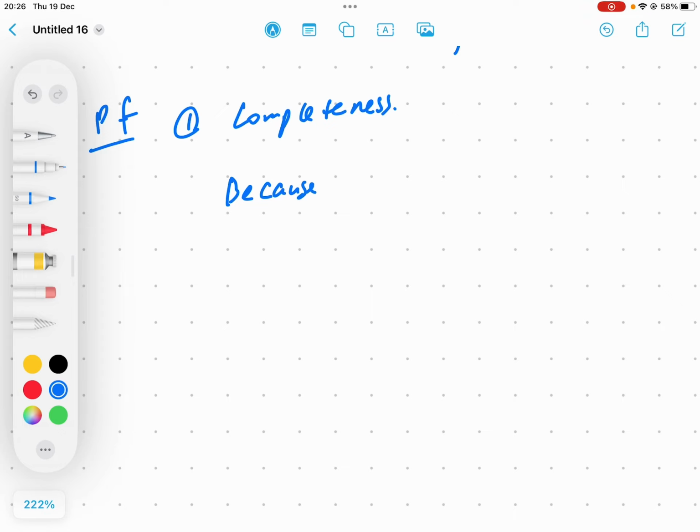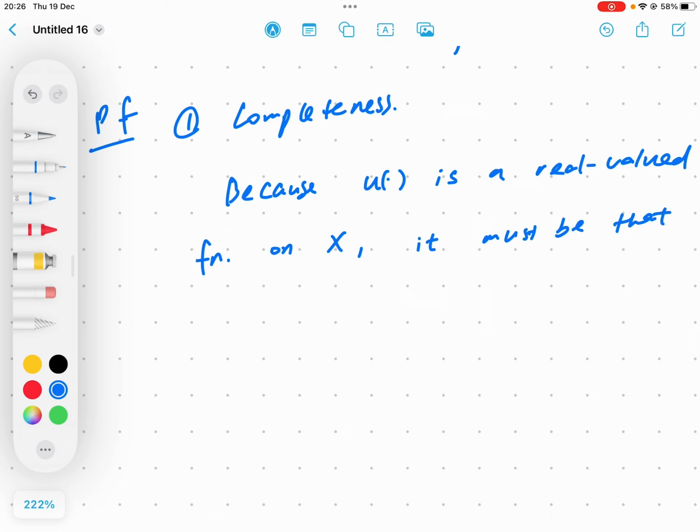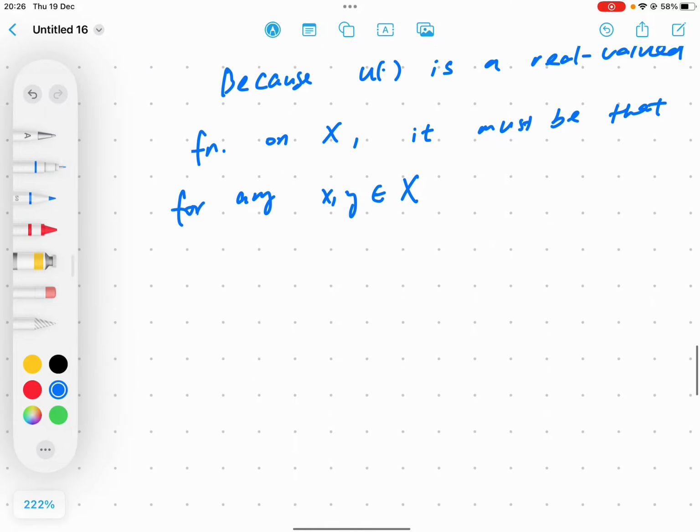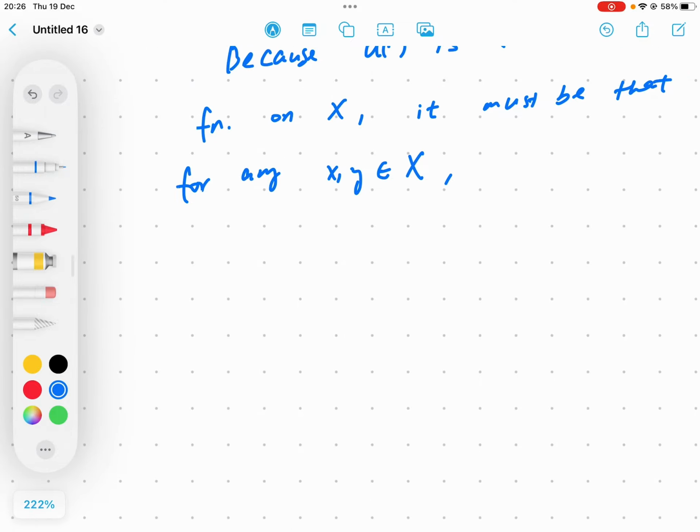because u is a real-valued function defined on X, it must be that for any elements x, y in big X, we can always compare two real numbers.